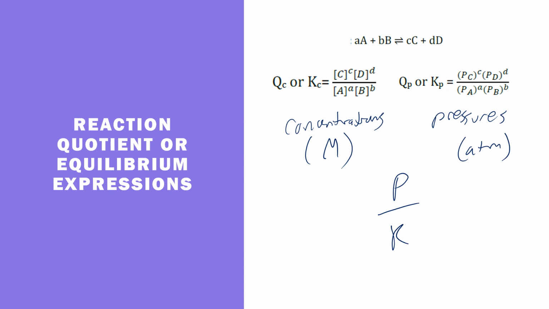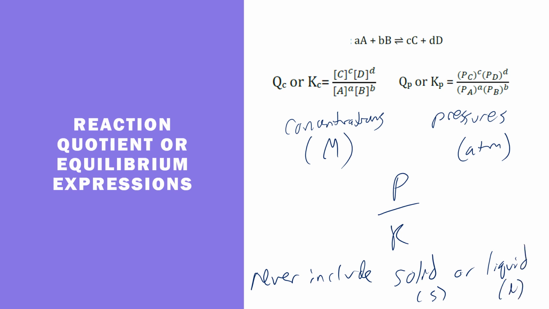One more little rule is that you never include solid substances or liquid substances. They do not affect the value of your equilibrium constant or your value of the reaction quotient. They're still there and they're still necessary for the reaction to happen. You have to have some of it present, but the specific amount of it does not affect the position of equilibrium.